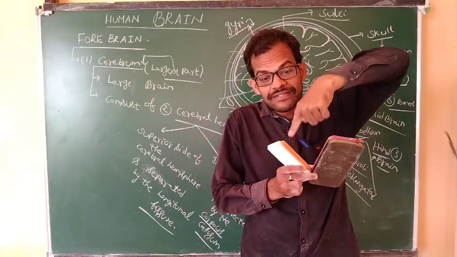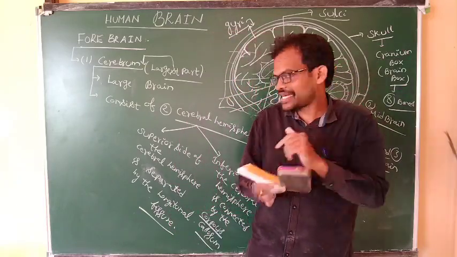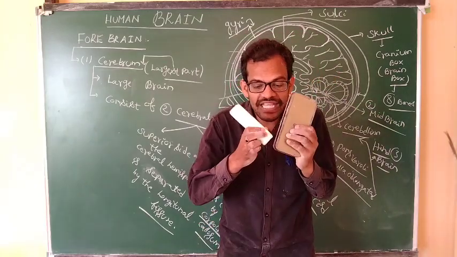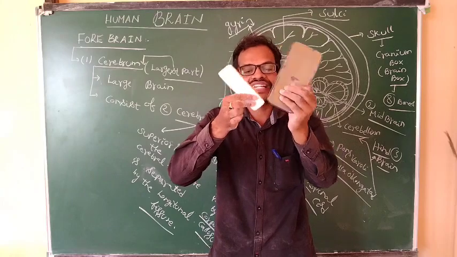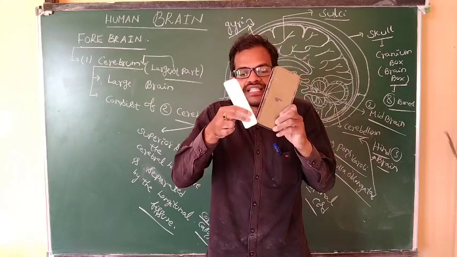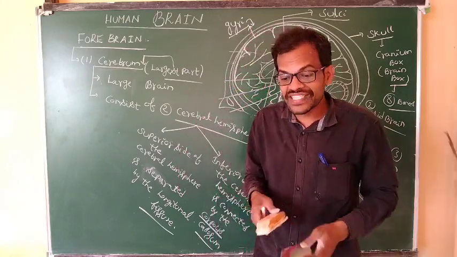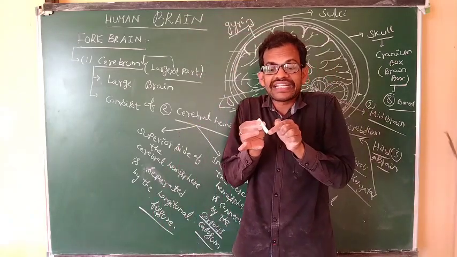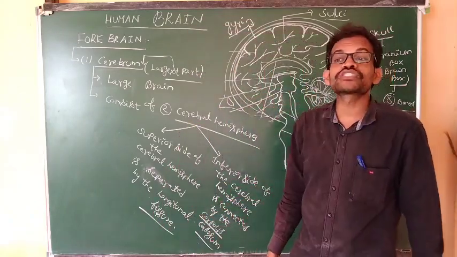The superior side is separated by the longitudinal fissure, but the inferior side is connected with the help of the corpus callosum.